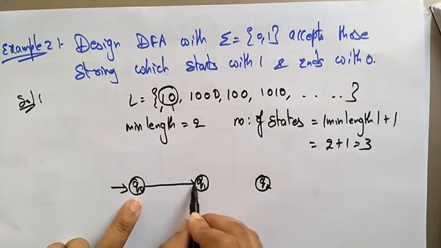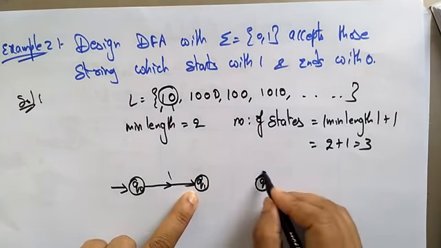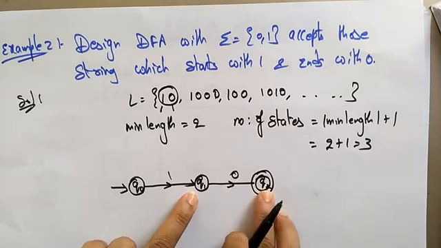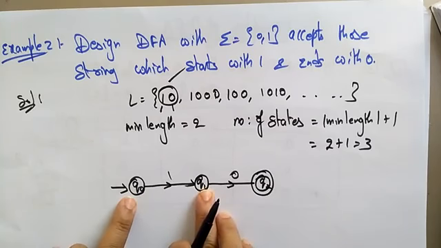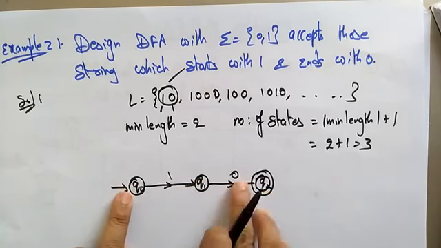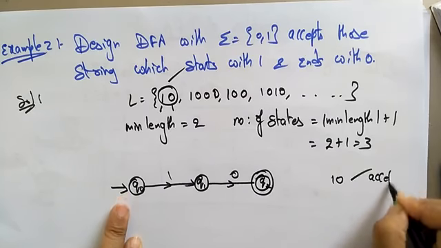So Q0 on 1 goes to Q1, and next, Q2 is the final state, on 0 goes to Q2. So the first string is accepted. Q0 on 1 leads to Q1 and Q1 on 0 goes to Q2. So 1 0 reaches the final state, means it is accepted.